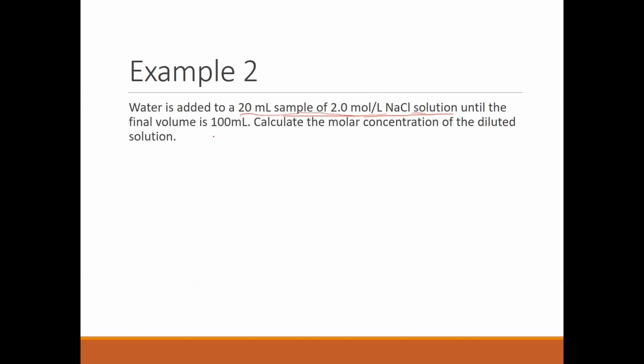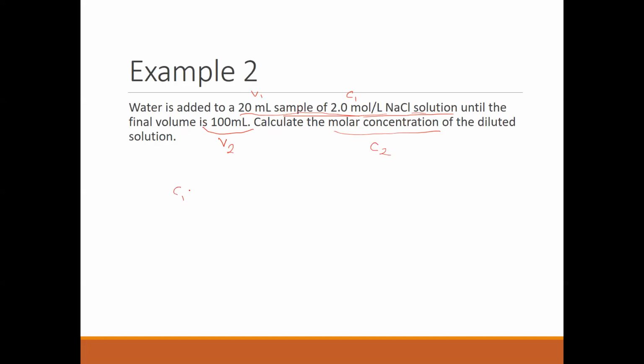We add water to make the final volume 100 milliliters. So this is my C1, this is my V1. They didn't give us the volume of water, just the final volume, so this is our V2. They ask us to calculate the molar concentration of the diluted solution, so they are asking for C2.